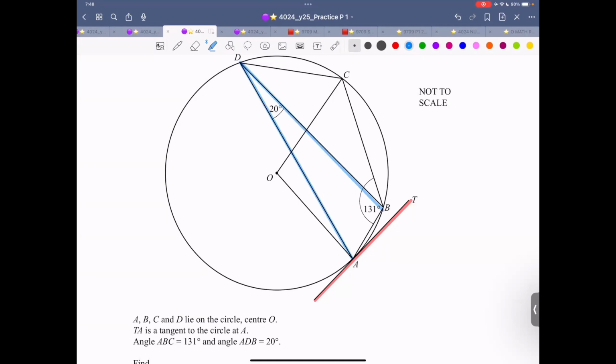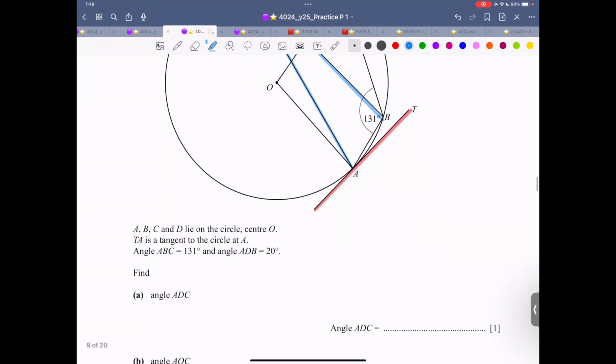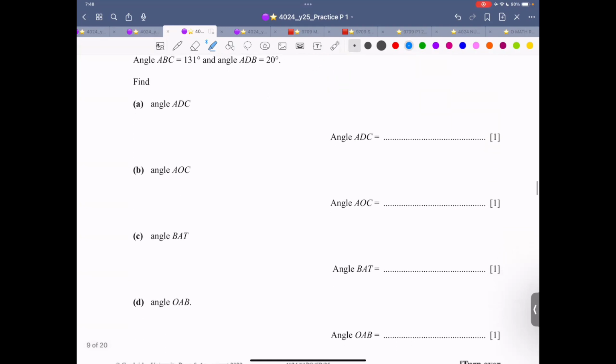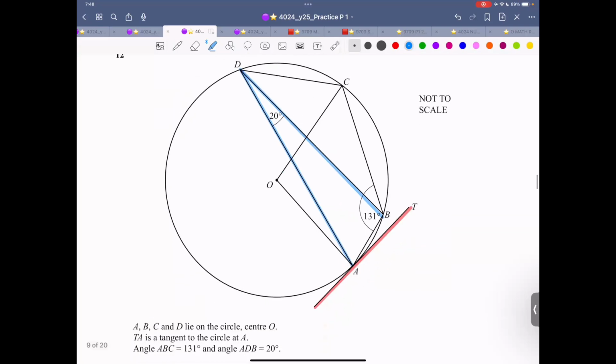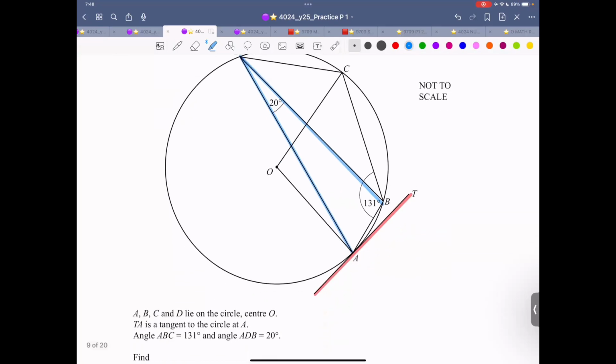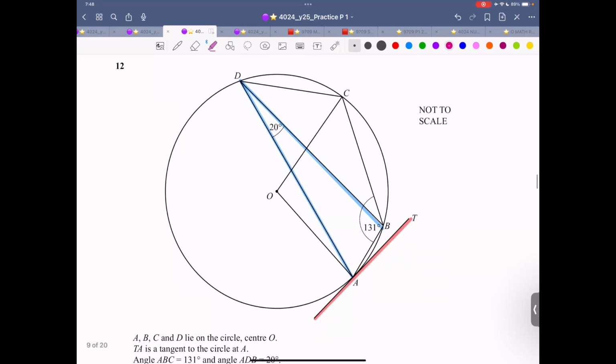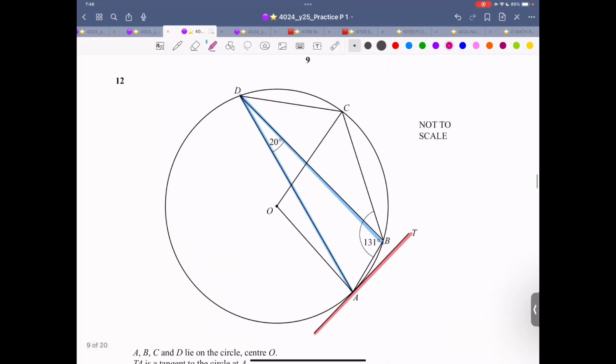So now this angle is 20 degrees. 131 is there. We have to find BAT, we have to find OAB. So now, first of all, let me mark all the angles. ADC, that's this one.